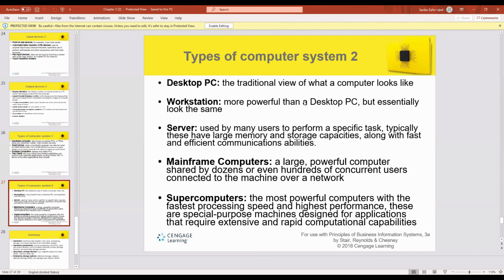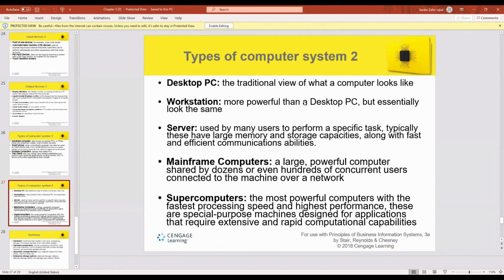And the last one is the supercomputers, the most powerful computers with the fastest processing speed and highest performance. These are special purpose machines designed for applications that require extensive and rapid computational capability. Like NASA, they usually send rockets to the galaxies, so they need very fast calculation processing speeds.